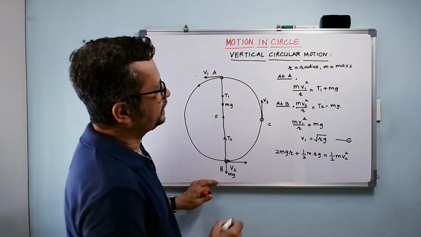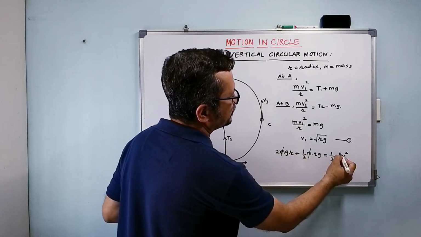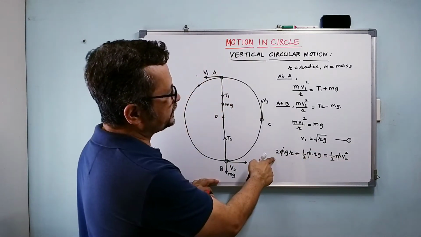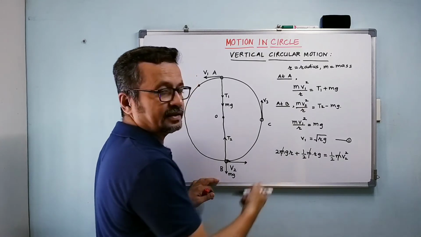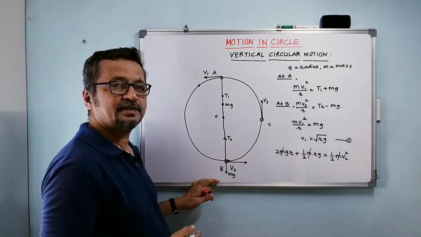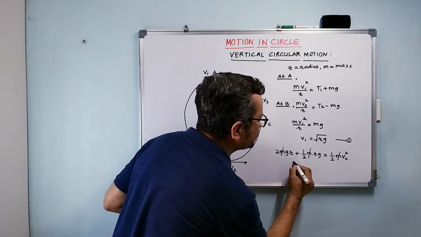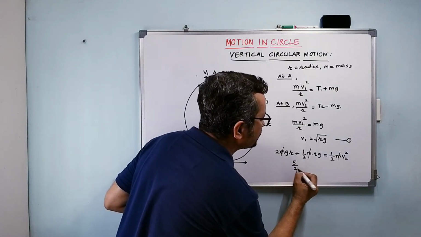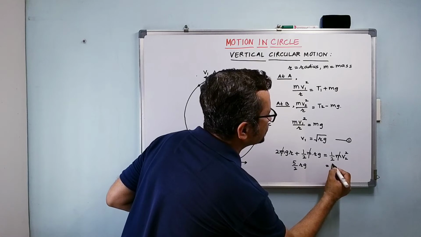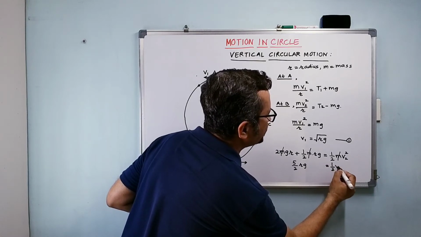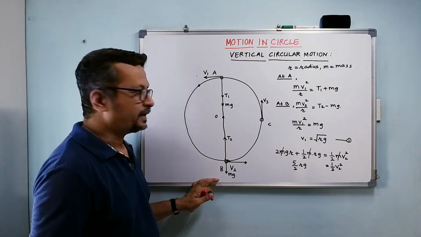So then again I cancel this m. So it is 2gR plus half gR, how much is that? It is 2.5, so that is 5 by 2 Rg is equal to half v2 square, right?